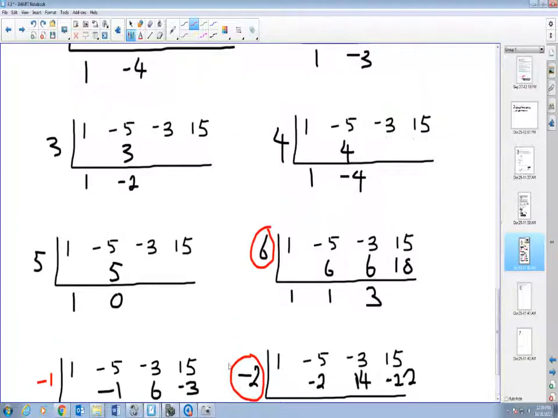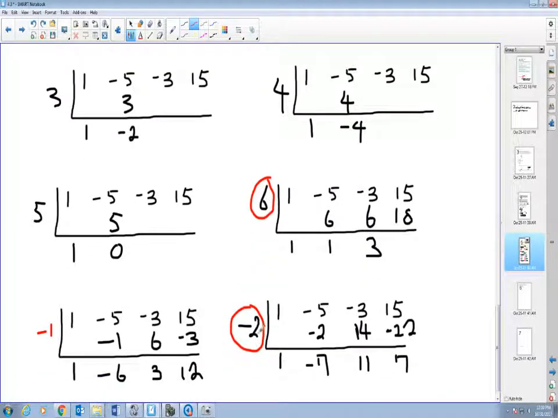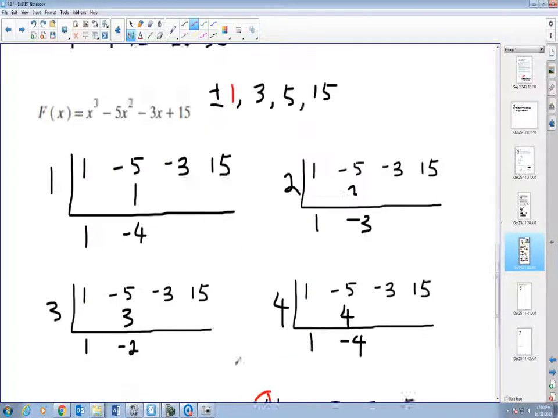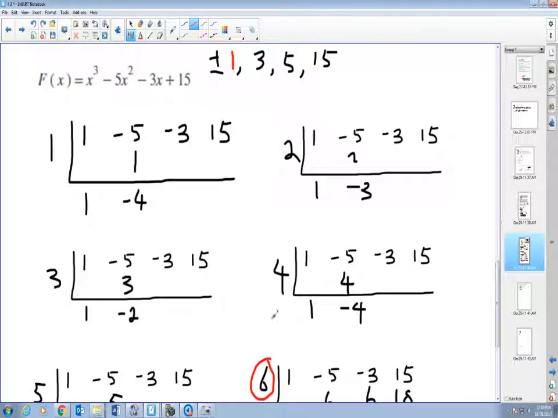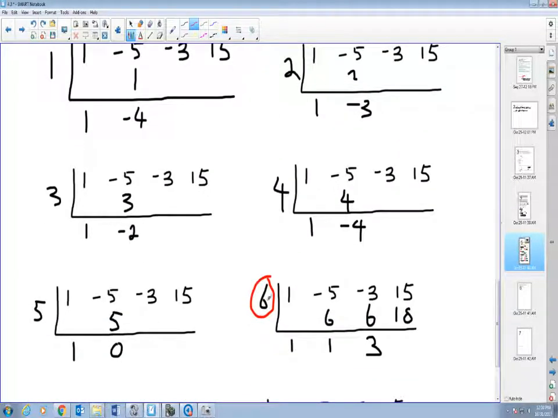Okay? So what that means is I can try for the negative zeros. I can try anything, start with negative 1, anything bigger than this. Alright, 6 is the least upper bound, so I will try anything smaller than 6.